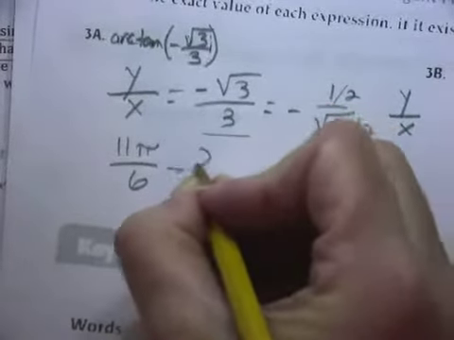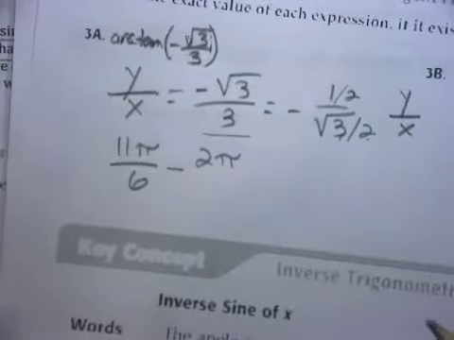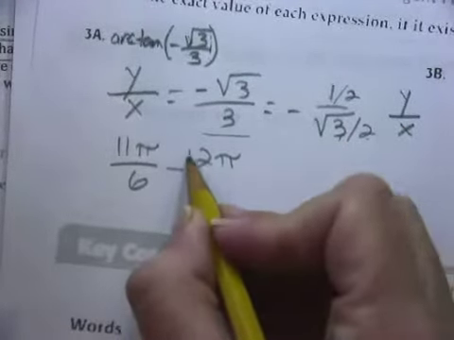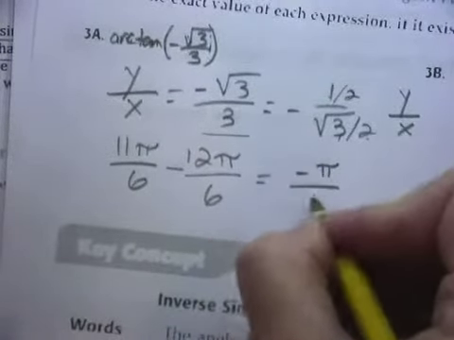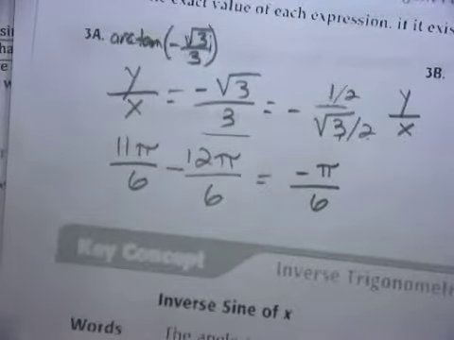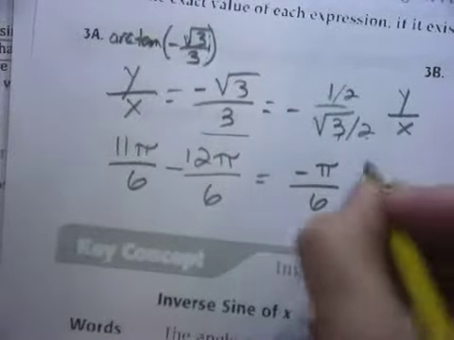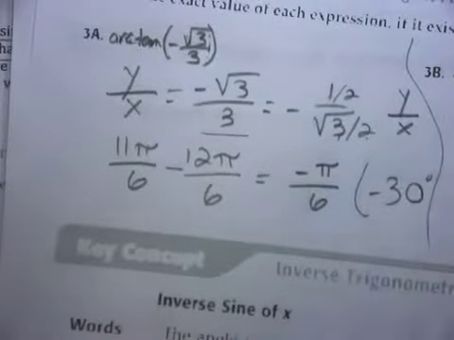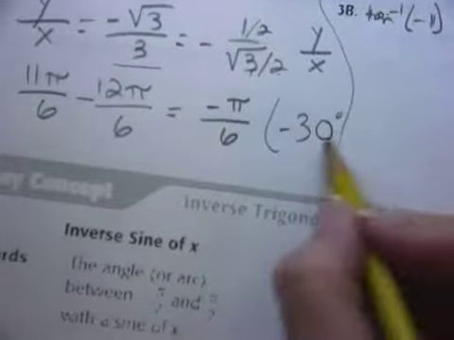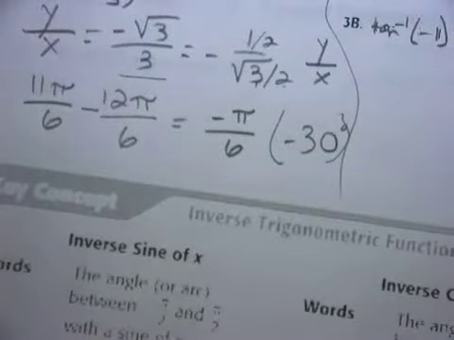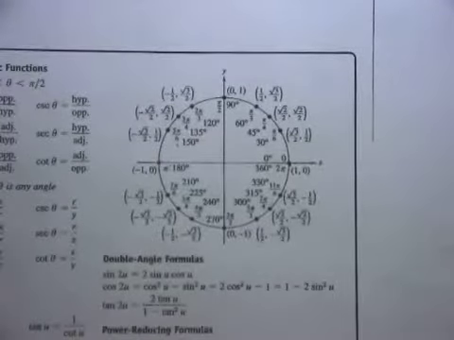And then realize that the angle I actually want is coterminal with that, so I'm going to subtract 2 pi from it, but in order to subtract that I want a common denominator, so it's negative pi over 6, which is equivalent to negative 30 degrees. Okay, so again, be very, very careful about keeping in mind the accepted domain for the sine and the tangent.